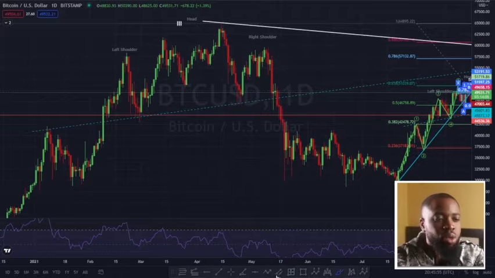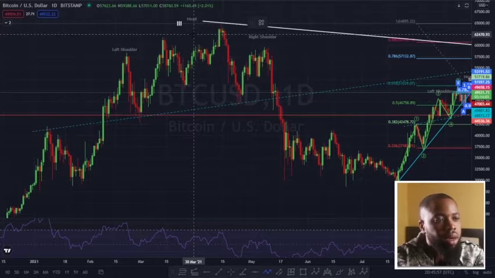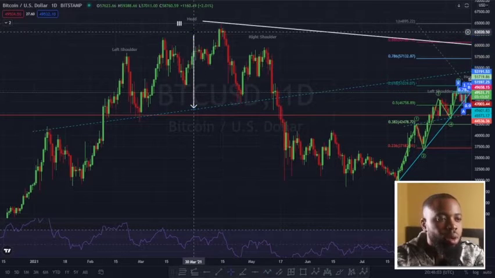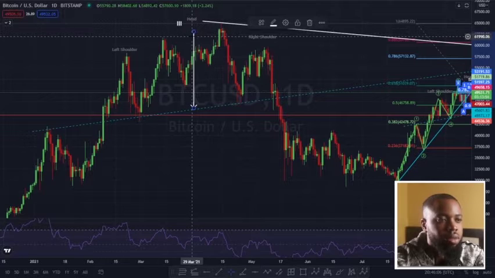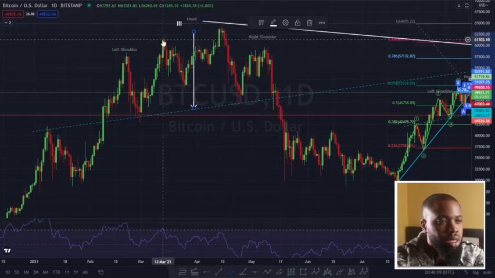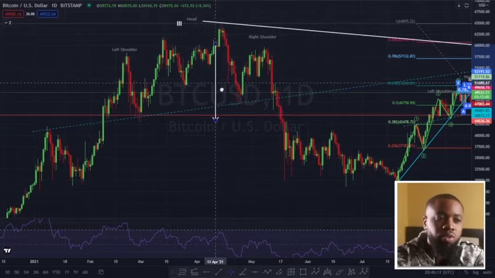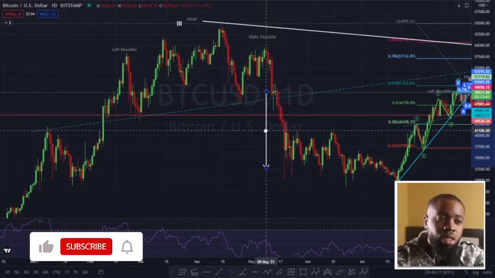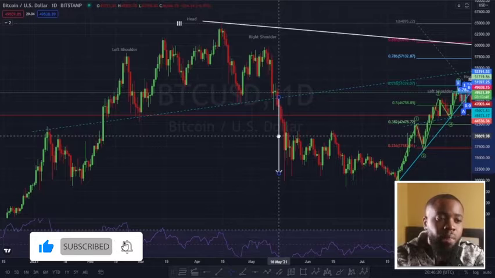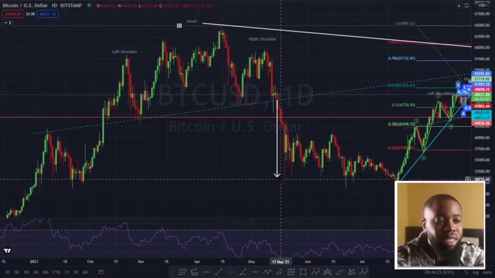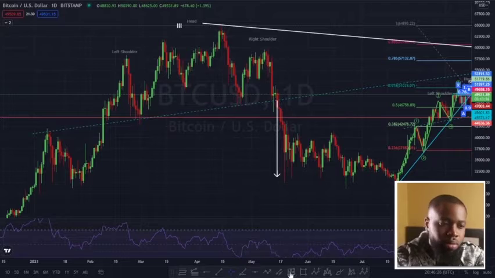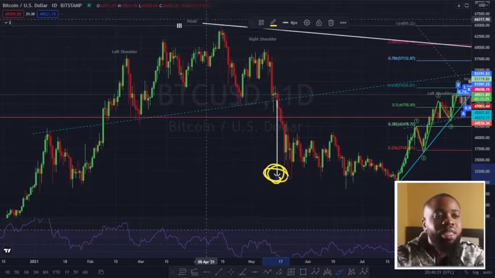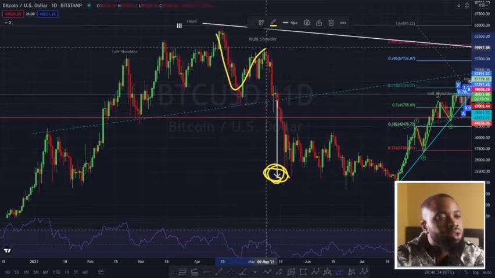If you take the measured move from the neckline to the top of the head, somewhere between this and this, from the potential breakout point, nobody knew that it was going to break out anyways, you can see that the price retraced exactly, maybe not to the dollar, but exactly to the targets of the head and shoulder in a wave 3.